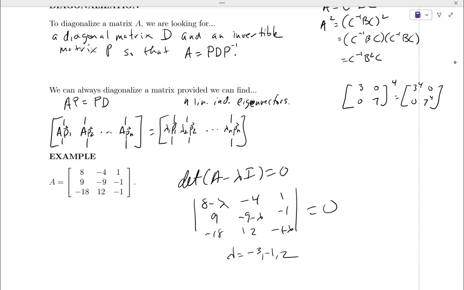All right, so let's flip back over to the calculator. Let's figure out what these eigenvectors are. So remember again, we'll use our reduced row echelon form command of the matrix minus the identity times, and then we'll plug in the eigenvalue here, right?